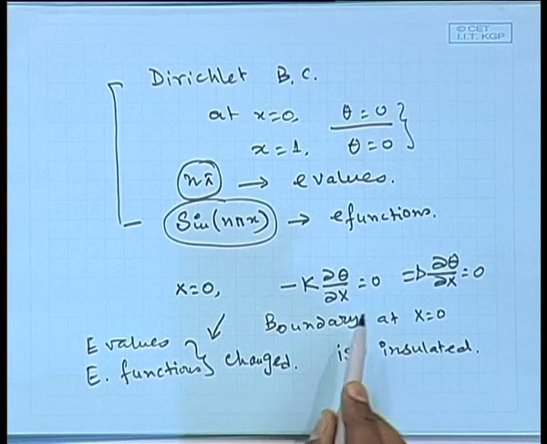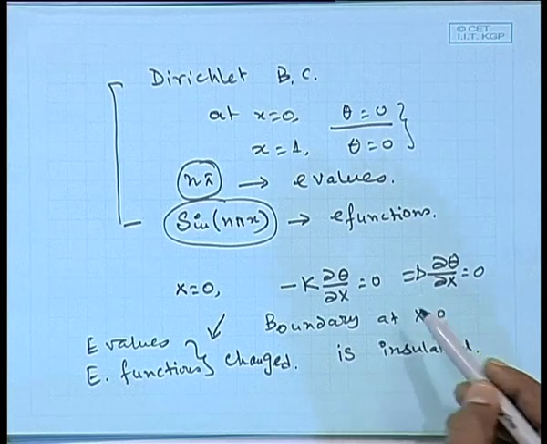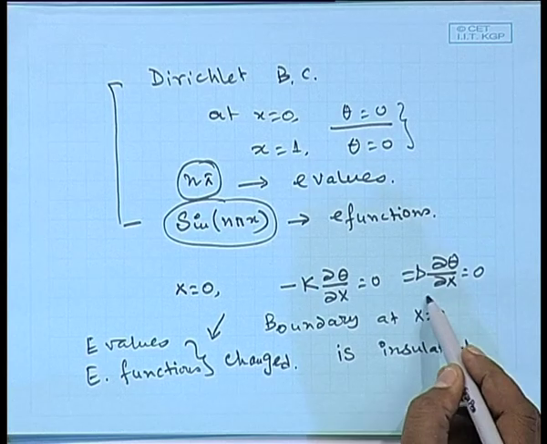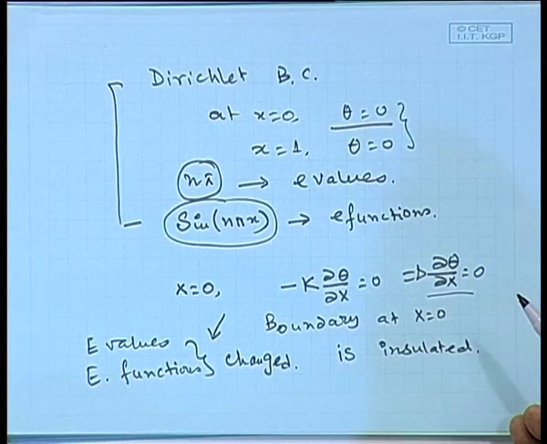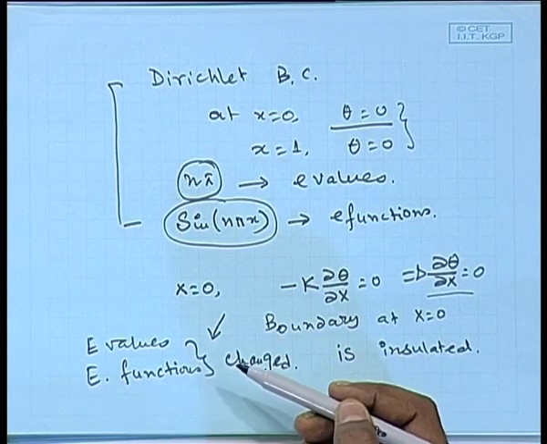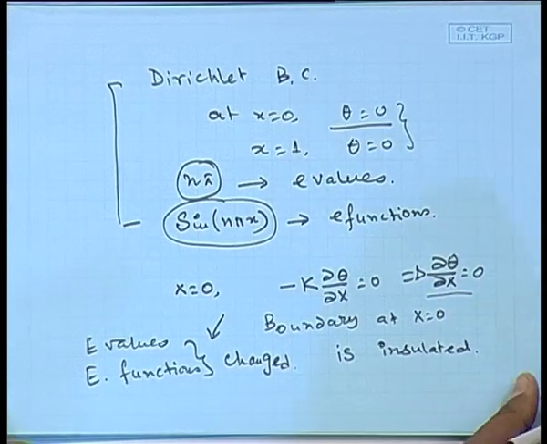Now, in this class we will just see how the solution will change if one of the boundaries is Neumann, and the other boundary is, let us say, a mixed boundary condition. Again the eigenvalues and eigenfunctions will be changed and the whole solution of the problem will be different.